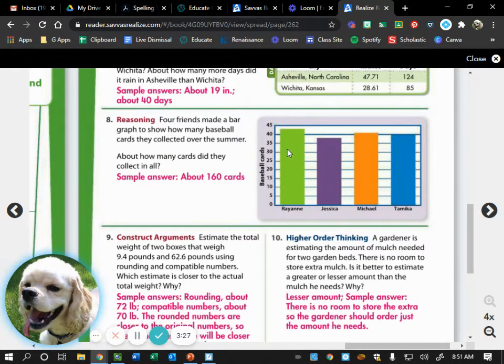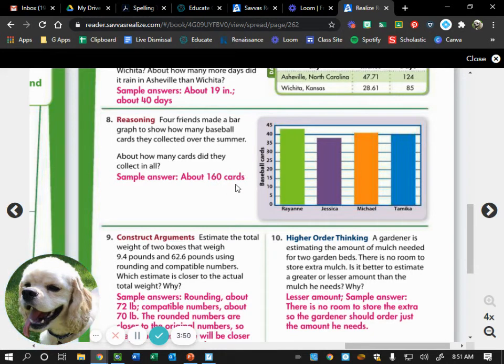Now, did anyone happen to round Ryan's maybe up to 45? Okay. Did anyone happen to round Jessica's down to 35? Okay. Because these two should probably be 40 for sure. But I would say as long as your estimate is around 160, you're good.